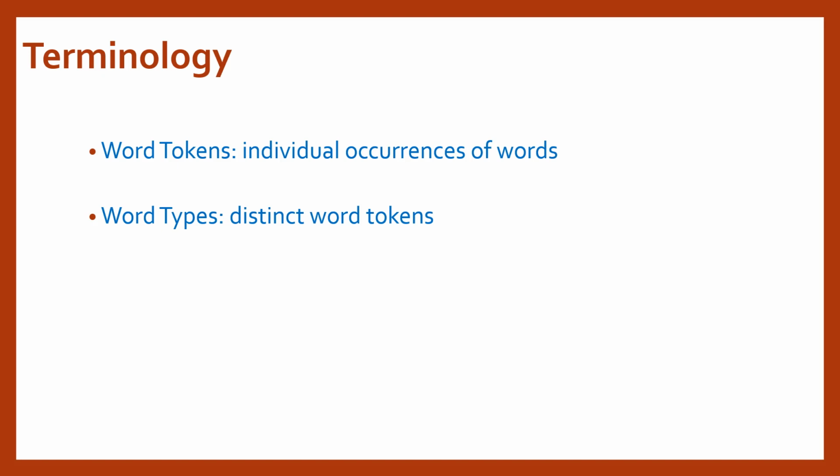Tokens are sequences of characters that are grouped together as a useful semantic unit for further processing. And this token may not exactly be the same as what we understand as a word in a normal sense.